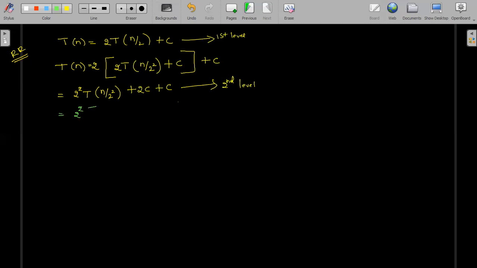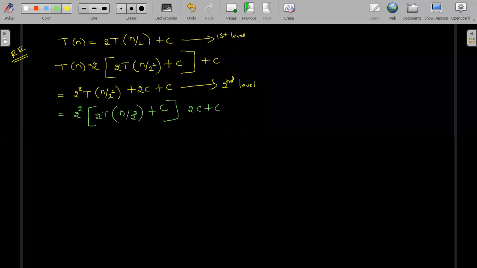Again into 2T of n by 2 whole cube plus c. Correct or not? Again plus c. That's it. Again 2c plus c. Now substitute here. Multiply, 2 into 2 is 4, nothing but 2 to the power of 3. I can write like this.